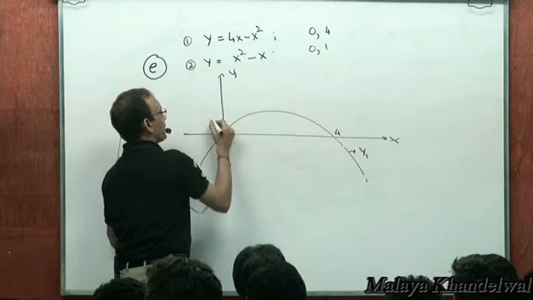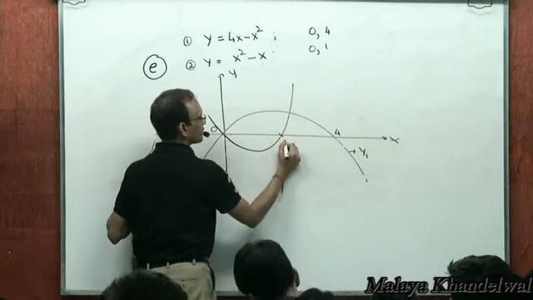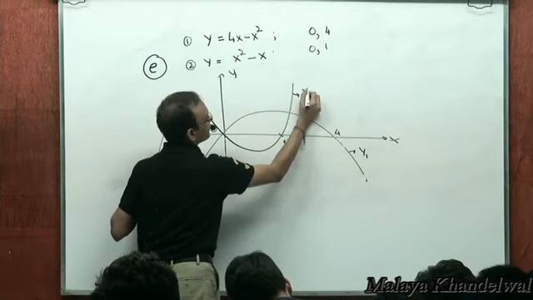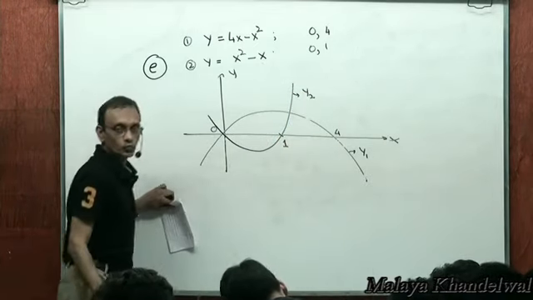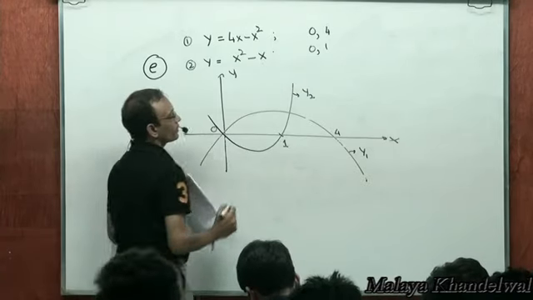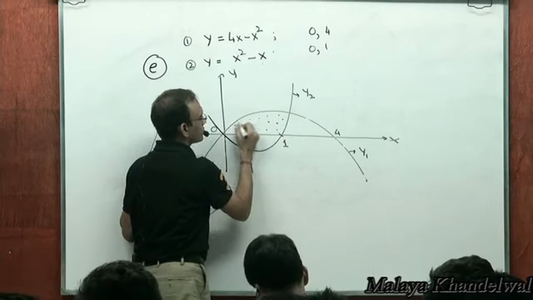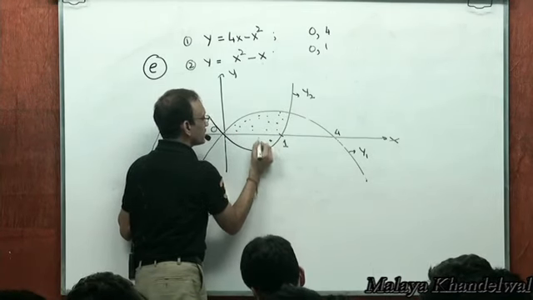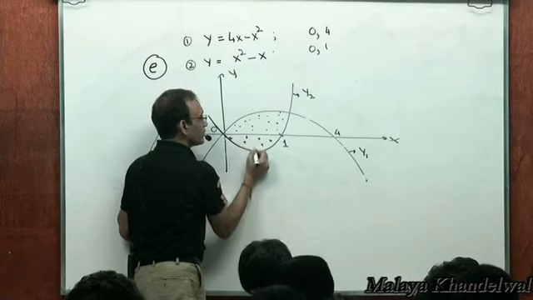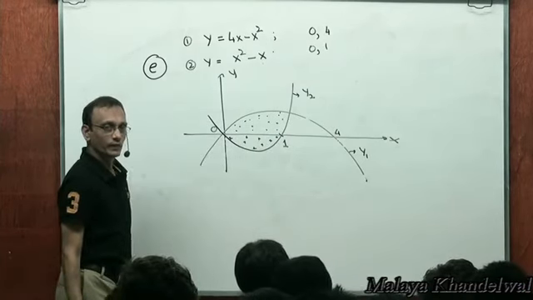This is an upward opening parabola looping between 0 and 1, and all the y's on this parabola are referred to as y2. We want to find the ratio of this area and this area.